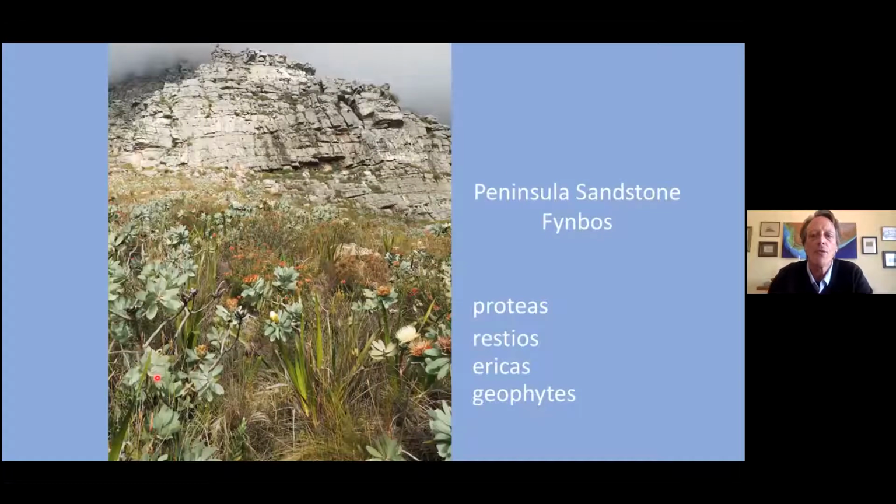So if we look, here's that picture I showed you earlier, the Peninsula Sandstone fynbos. It's growing on very nutrient-poor, acidic quartz sand soils because the soil is being weathered from these very resistant sandstones, which are shown here in this cliff face. And that's why, of course, they form cliffs, because the sandstone is so resistant to being eroded.